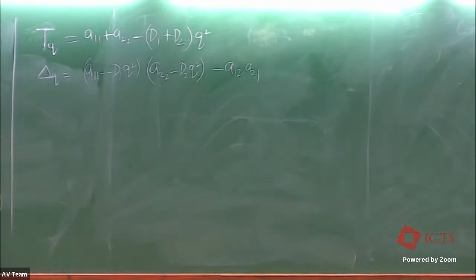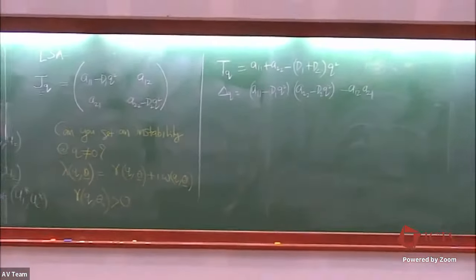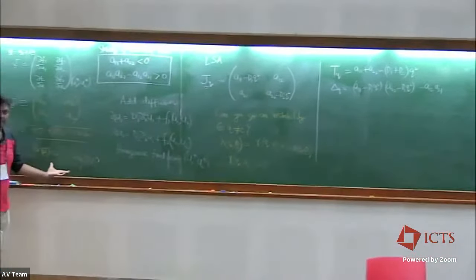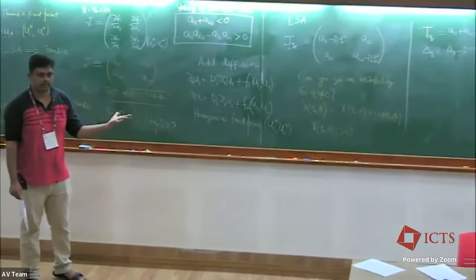So all that is required now is for you to think about the eigenvalues of a 2x2 system. We said that eigenvalues are related to the trace and the determinant. If I want both eigenvalues to have negative real parts, this is the condition to be satisfied. If this is not satisfied, then you have at least one eigenvalue with a positive real part.